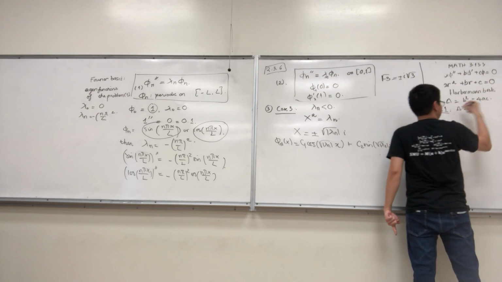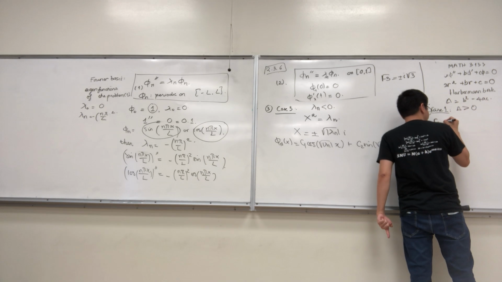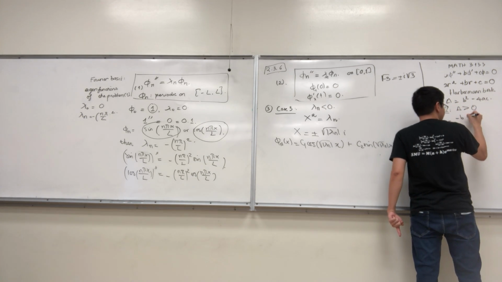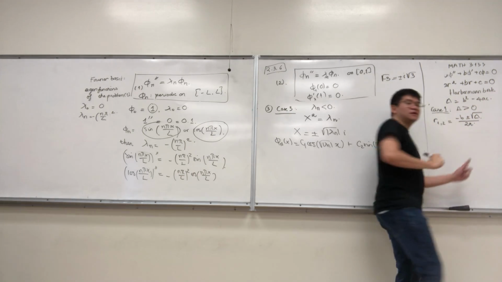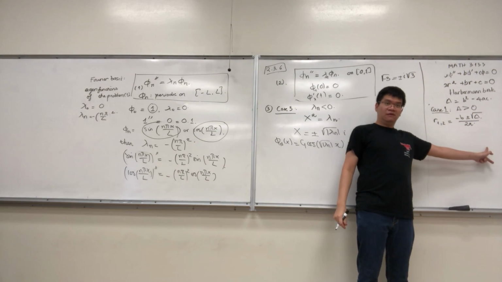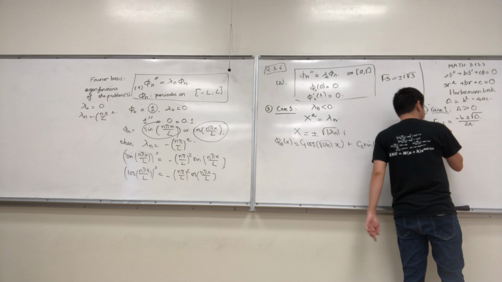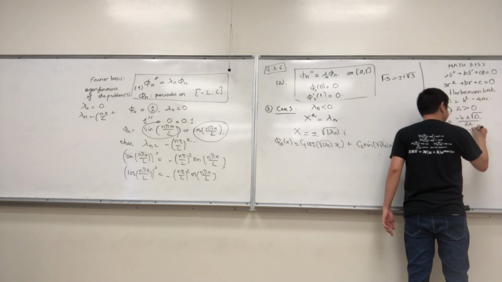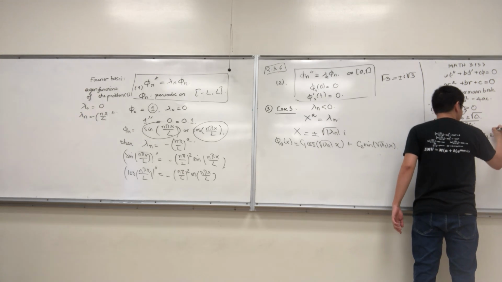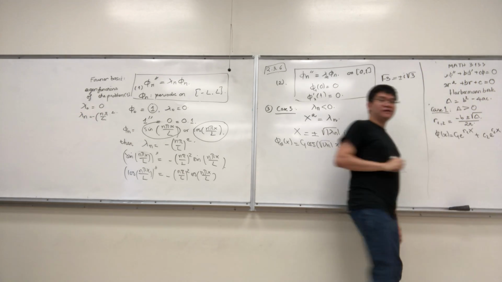So in the first case, delta is positive. You have two roots. r1, 2 will be minus b plus or minus square root of delta divided by 2a. In this case, the solution phi of x will be c1 exponential of r1 x plus c2 exponential of r2 x.